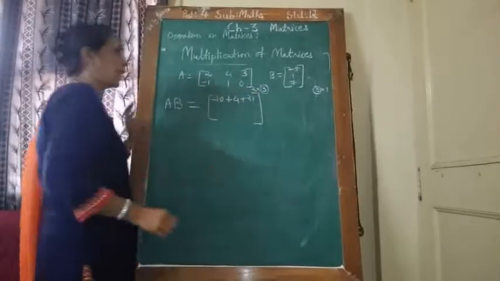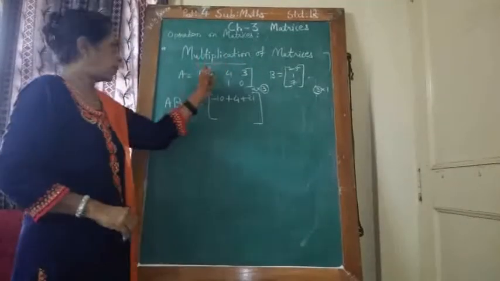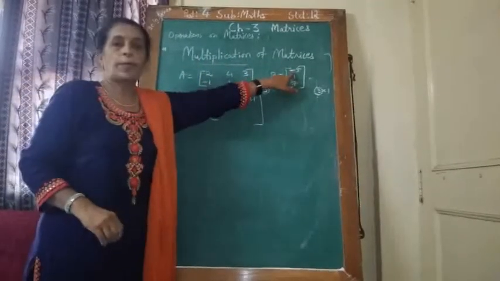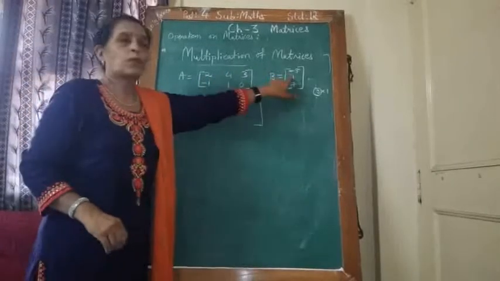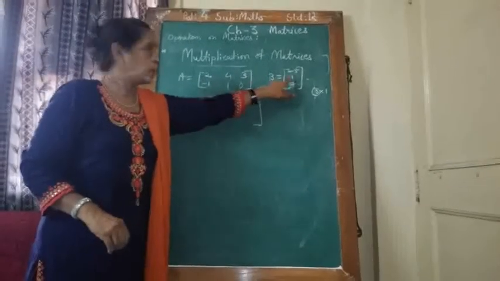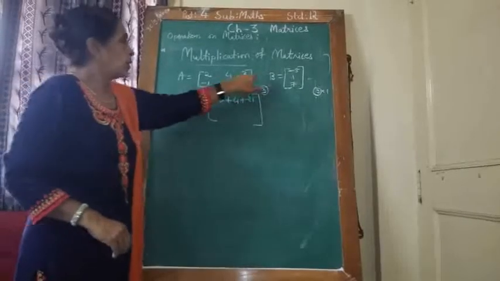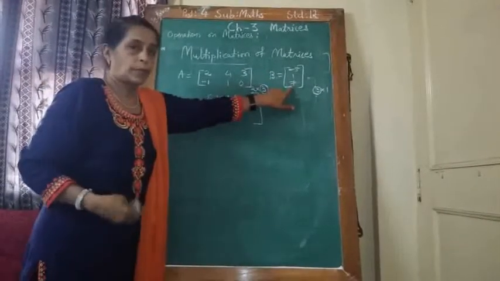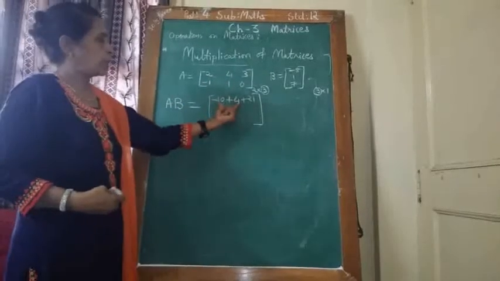So you add the multiplication of corresponding elements: A11 B11 product plus A12 B21 plus A13 B31, and you put it here in the new 2 cross 1 matrix.